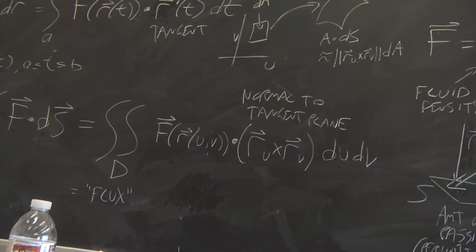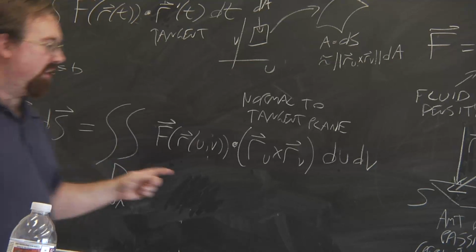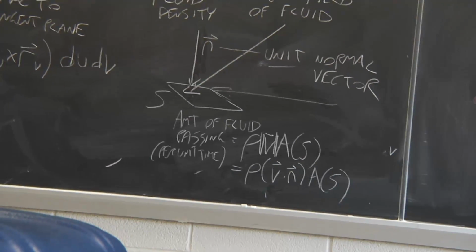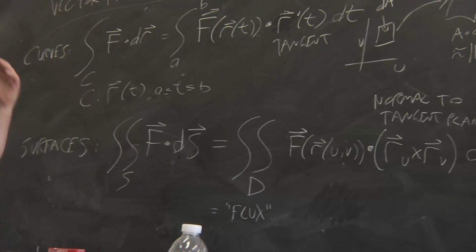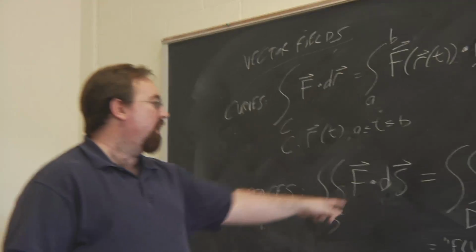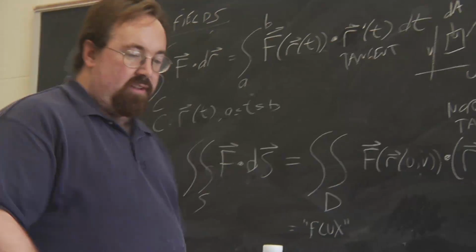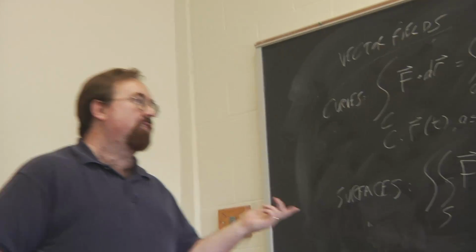So what you can think of is we're applying this formula on all these small patches, and then we're to see how much fluid is crossing each patch, and then we're adding up the results. So this is one physical interpretation of an integral of a vector field over a surface, which actually is one interpretation that happens to come up in my own research.